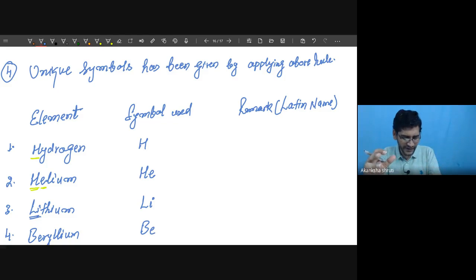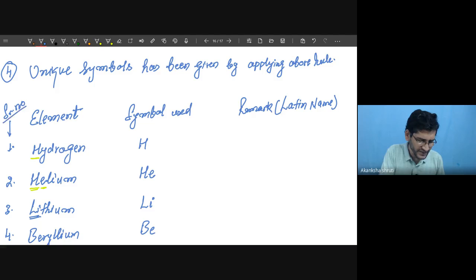The mass of hydrogen is different from the mass of helium and lithium. We will learn in the next chapter in more detail. The more important property is their atomic number or serial number. Whatever I have written on the left-hand side as the serial number is basically their atomic number.